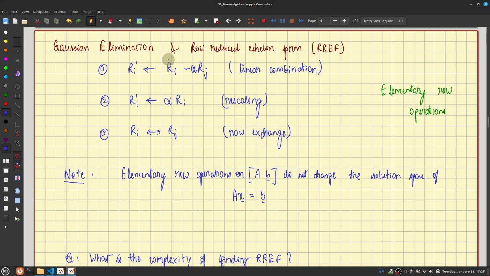That's what I'll call a type 1 operation. You take the ith row, subtract alpha times the jth row from it, and then replace the ith row with this quantity. That's one operation. The second type of operation is rescaling. You take the row and multiply all of the elements of that row by some scalar, some alpha times the same row.